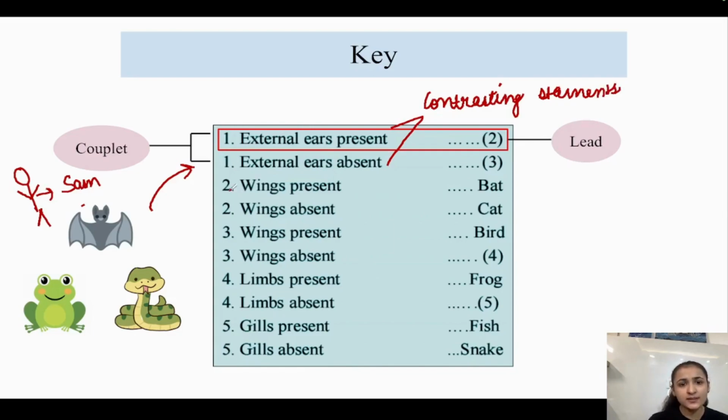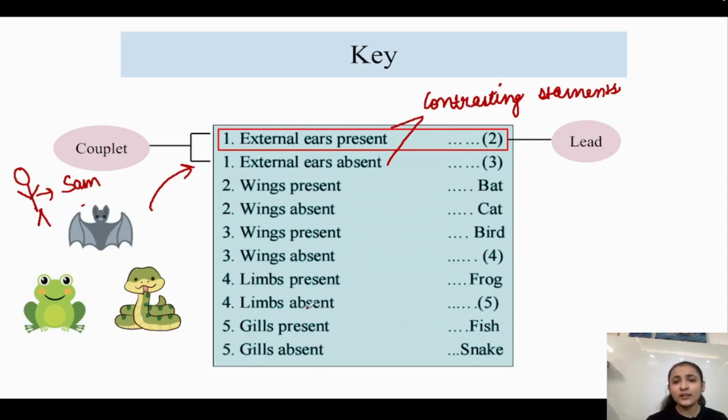This is set 1, this is set 2, set 3, 4, 5, or we can call it pairs of contrasting statements. Pair 1, 2, 3, 4, 5. And each pair contains opposite statements. Wings present, wings absent. Okay. Then wings present, wings absent, limbs present, limbs absent, gills present, gills absent.